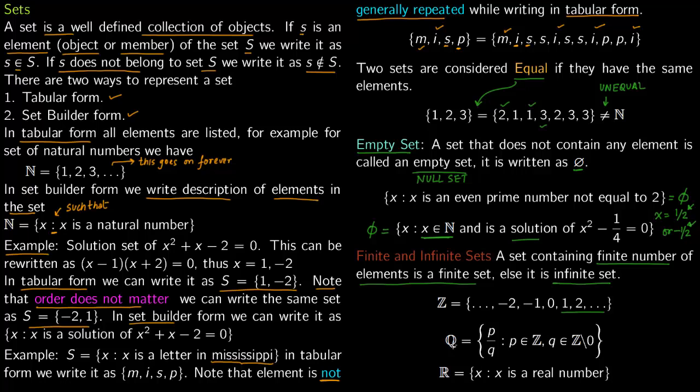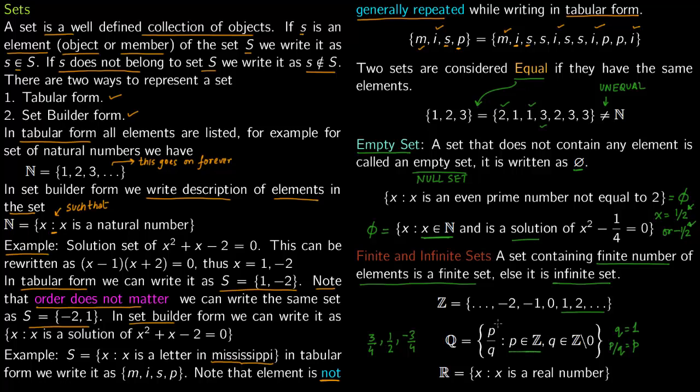Another infinite set is the set of rational numbers. So half and minus half are rational numbers. 3 by 4, 1 by 2, minus 3 by 4, all these are rational numbers. Now if q is 1, then p by q is just p, and this p is an integer.